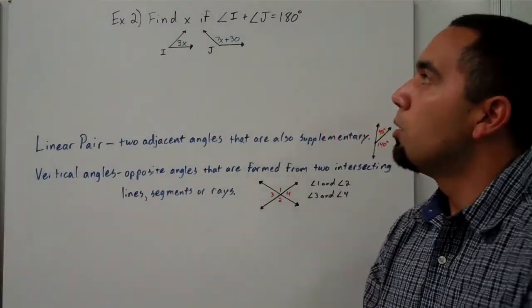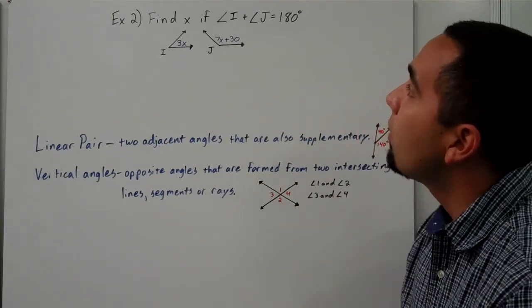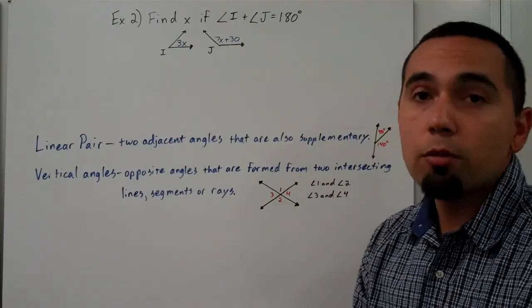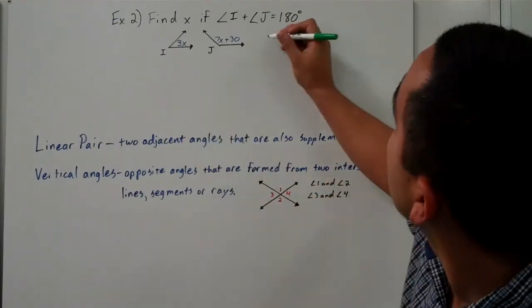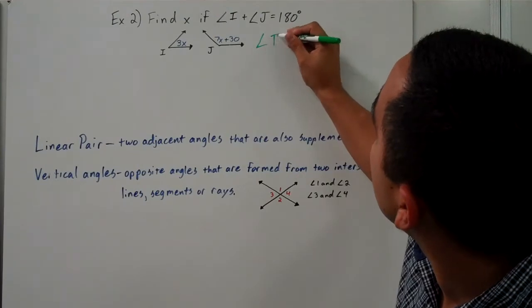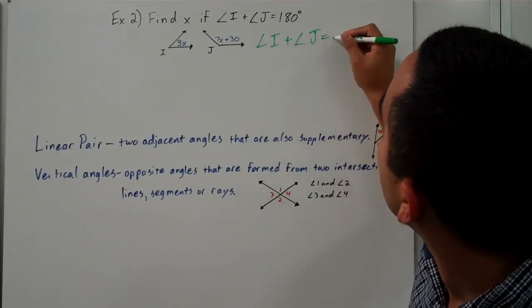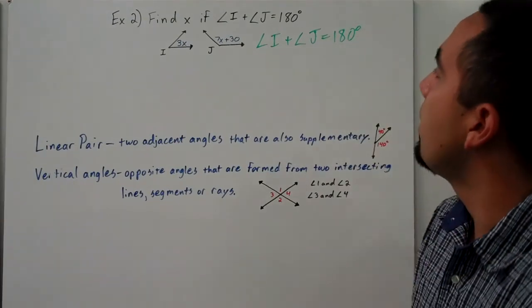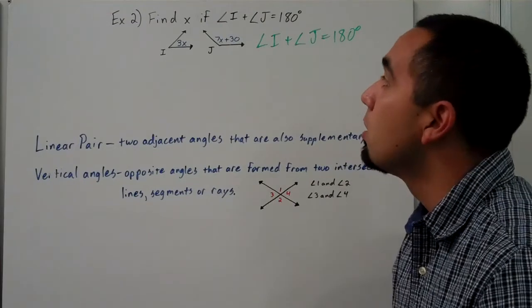Of course, we always bring in algebra. So example number 2 says find x if angle I plus angle J equals 180 degrees. I have angle I and angle J. So just like the formula says, I should get 180 degrees, but I have this x here and I need to find what that value is.